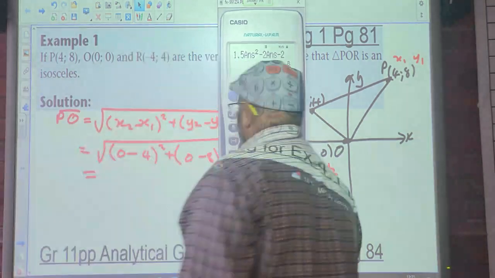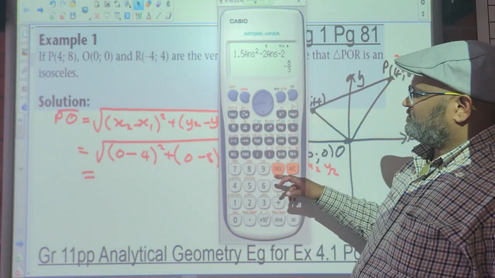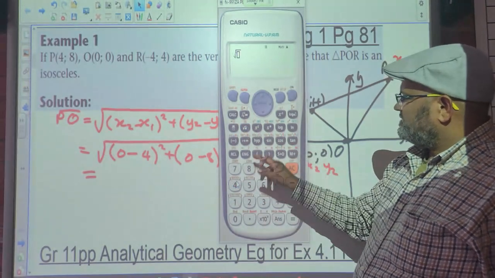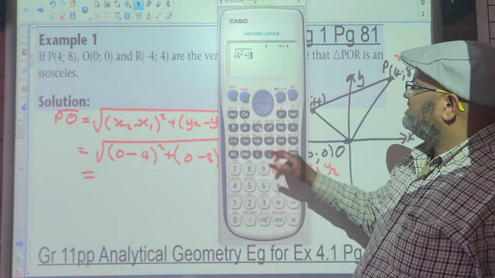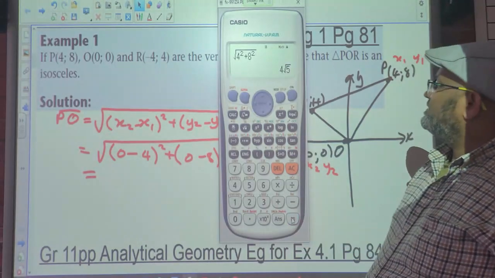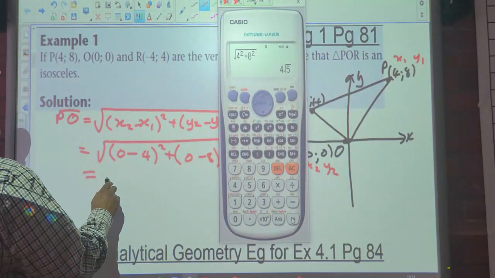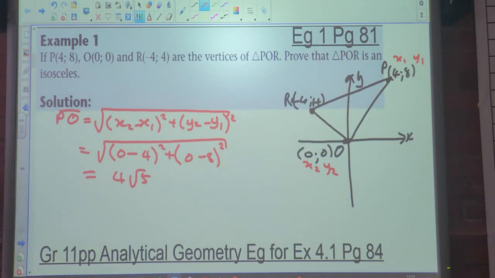So I think it's going to be 4 root 5. Let's just check instead of guessing. The root of 80 is 4 root 5. You will also tend to write your answer in simplified surd form.